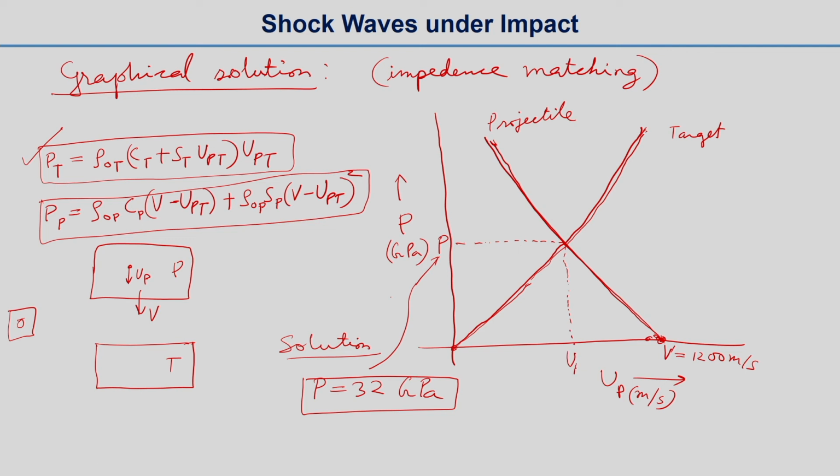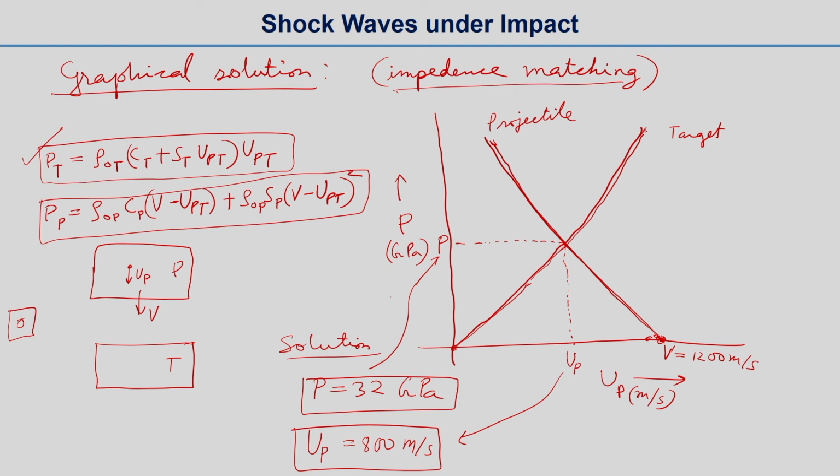From these two conditions, what we get is P is 32 gigapascal, and UP, whatever we found, will be around 800 meter per second. We got about 805 meter per second. This is because our conditions were that the pressure and the particle velocity will be the same in the projectile and target. So, this is the graphical solution, or impedance matching technique.